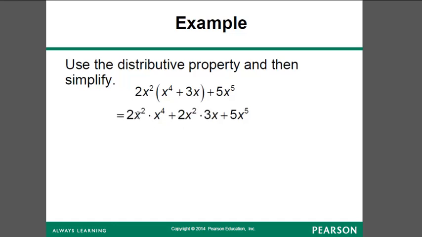As I've done here, I've taken 2x squared times my x to the 4th plus my 2x squared times x to the 3rd. And then I go ahead and add my 5x to the 5th. Notice I did not multiply my 2x squared times my 5x to the 5th, and that's because the 5x to the 5th was not in parentheses.